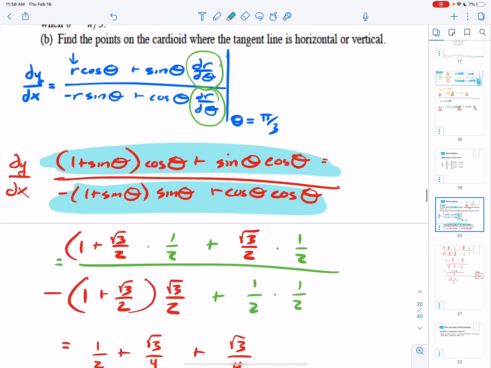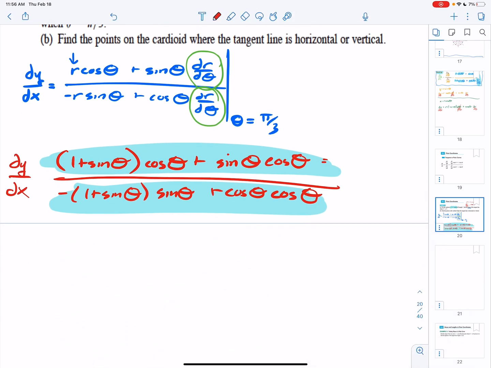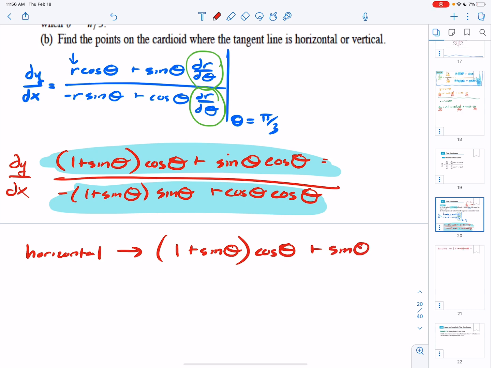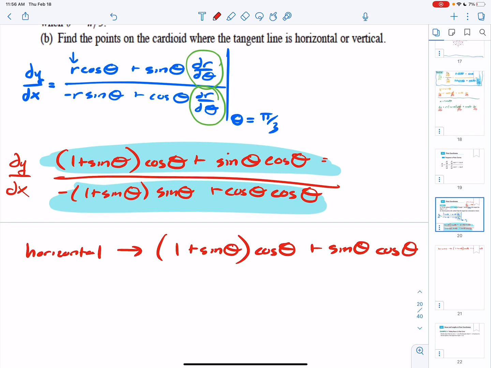So I'll go ahead and do 1 with you guys, and then we'll end it there. So if we want the tangent line to be horizontal, we would set the numerator, that's a cool color contrast, anyways, we would go ahead and set this guy equal to 0.